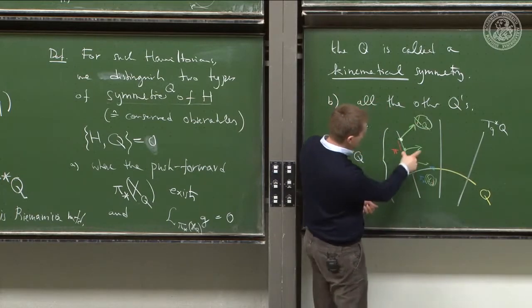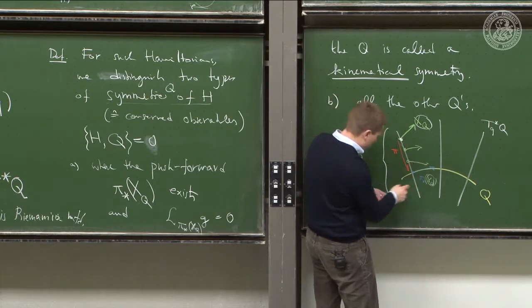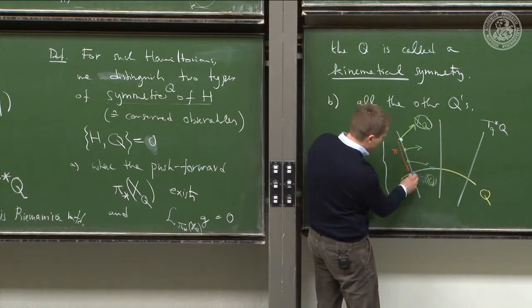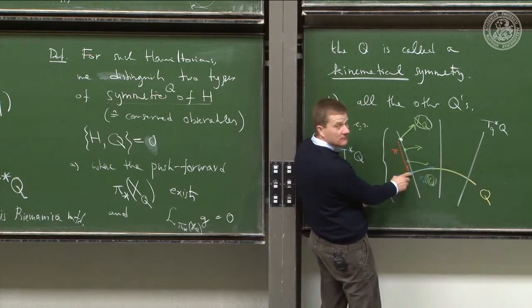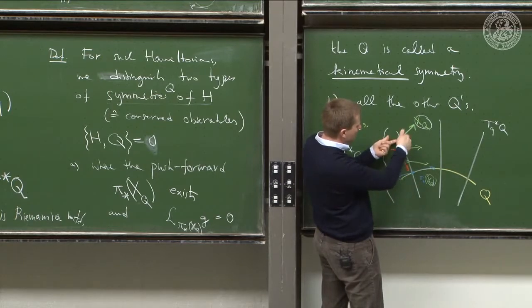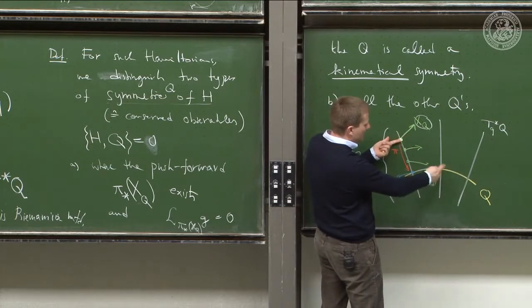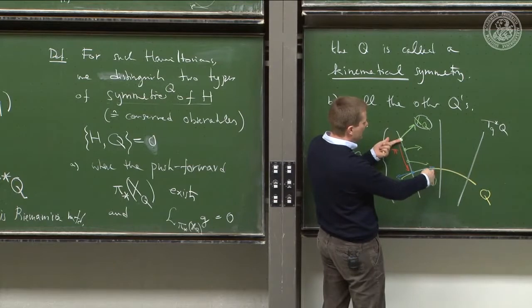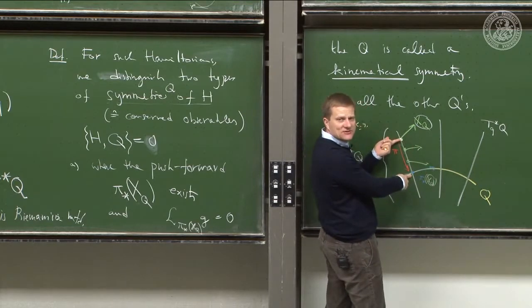But what happens if this here is pushed forward to this tangent space at this point, but to a different vector, say to this one? Then you don't produce a well-defined vector field here because you have multiple images. That can happen, okay? We discussed this before.